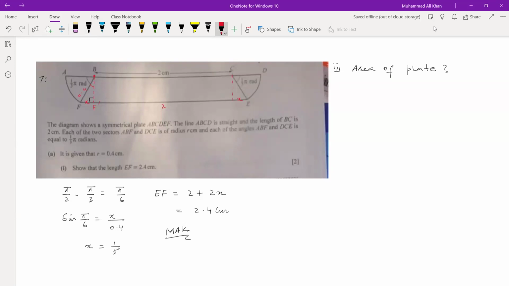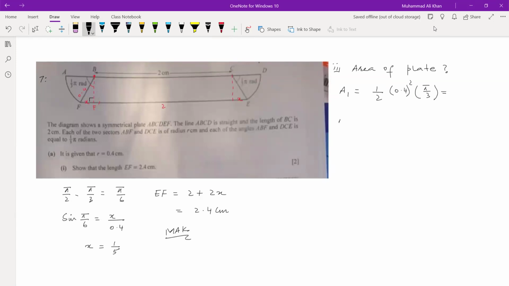So now, first I'm calculating A1, the area of sector, which is equal to half R squared theta. What is R? R is 0.4. Half R squared theta, with theta pi by 3. This is A1.